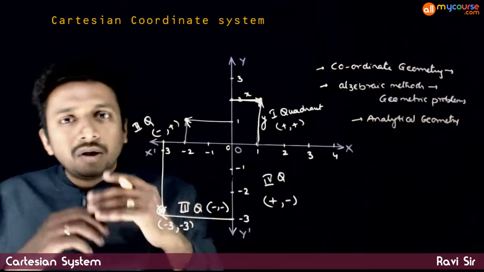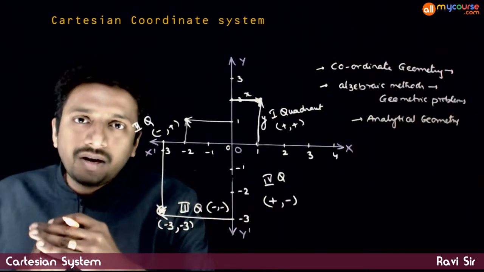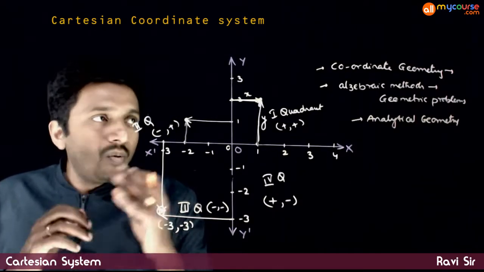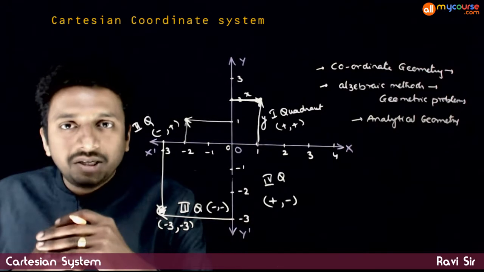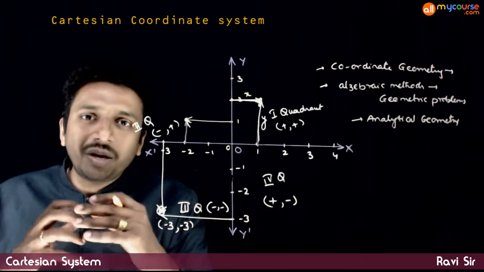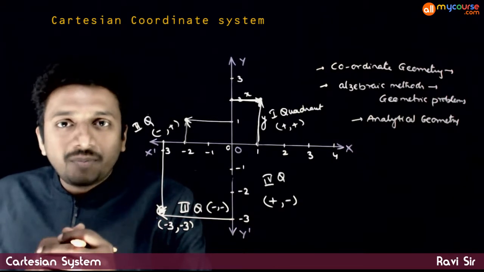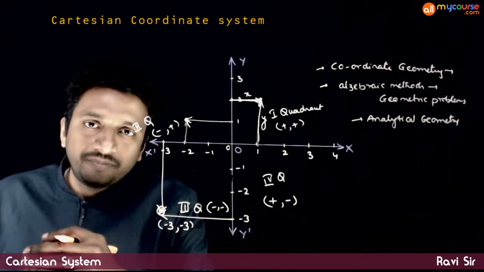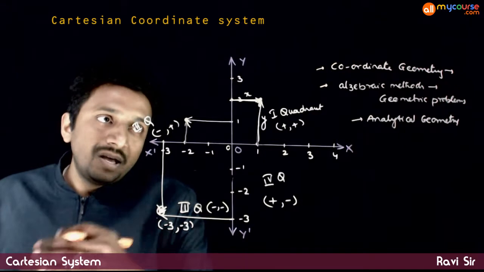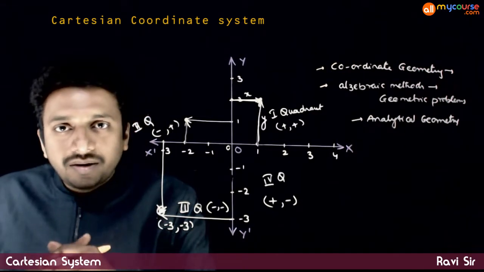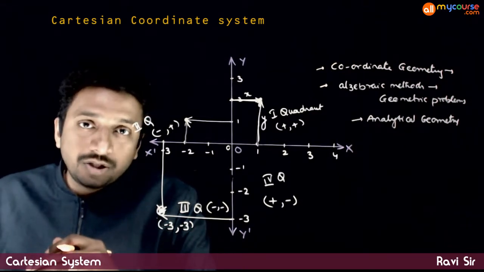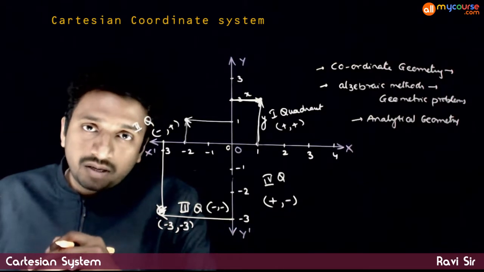Coordinate geometry is also called analytical geometry, and what this branch of mathematics tends to do is combine algebraic methods with geometrical problems so that geometrical problems can be solved more easily. So now, once we understand the basics of coordinate geometry, we can go forward.